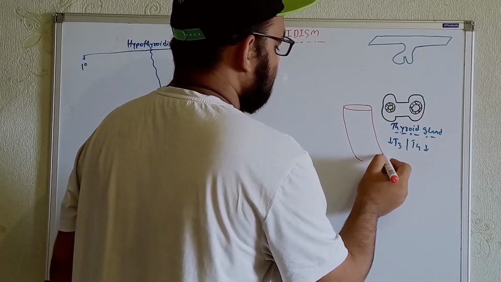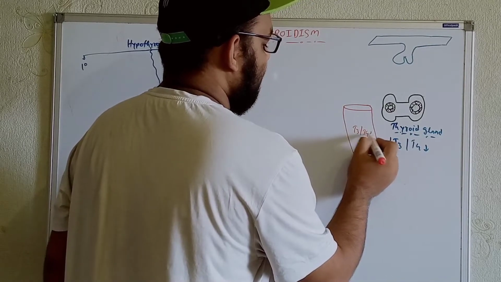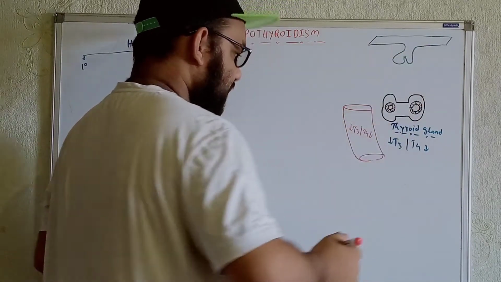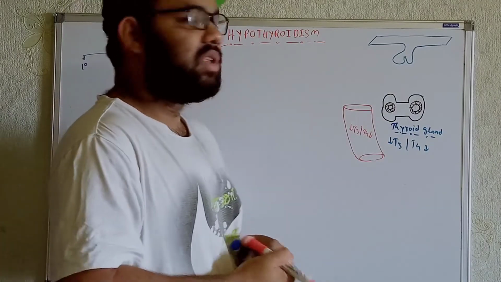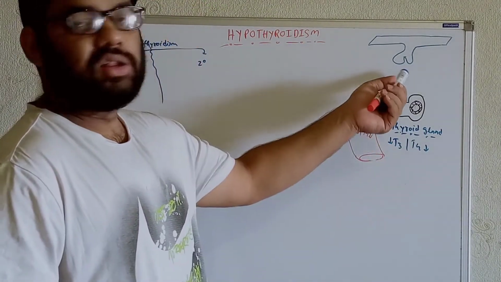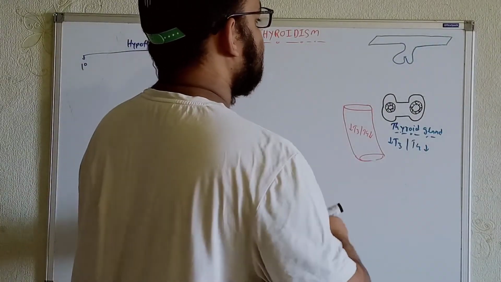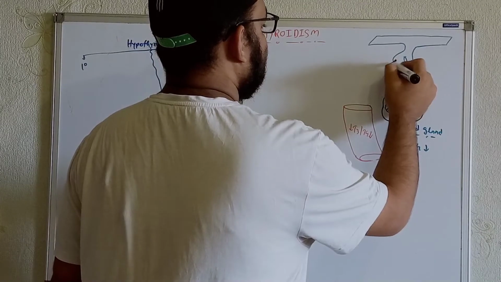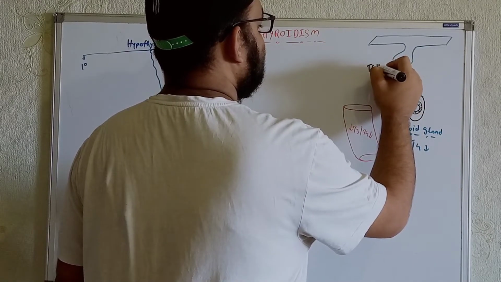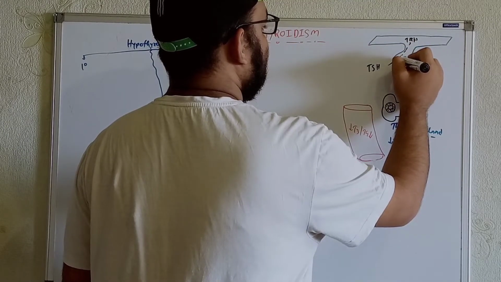Whenever we get less T3 and T4 in the circulation, the signal is sent to the hypothalamus, and from the hypothalamus the signal reaches the anterior pituitary, and from the anterior pituitary we see the release of the TSH hormone. Here we get the TRH signals, and from here we get the TSH.